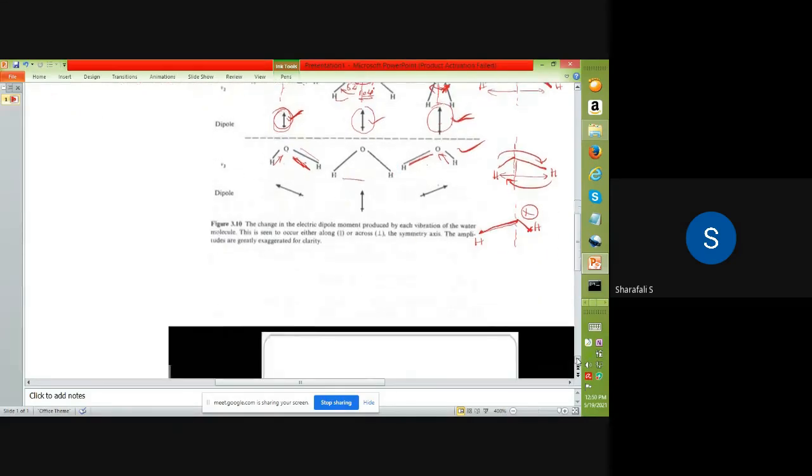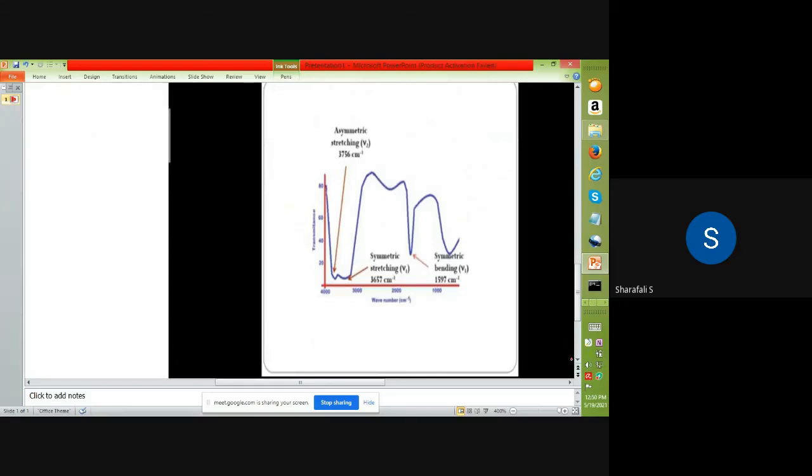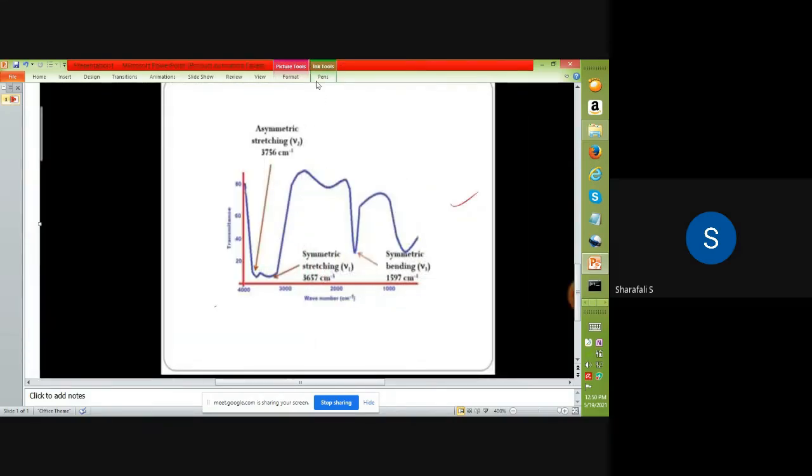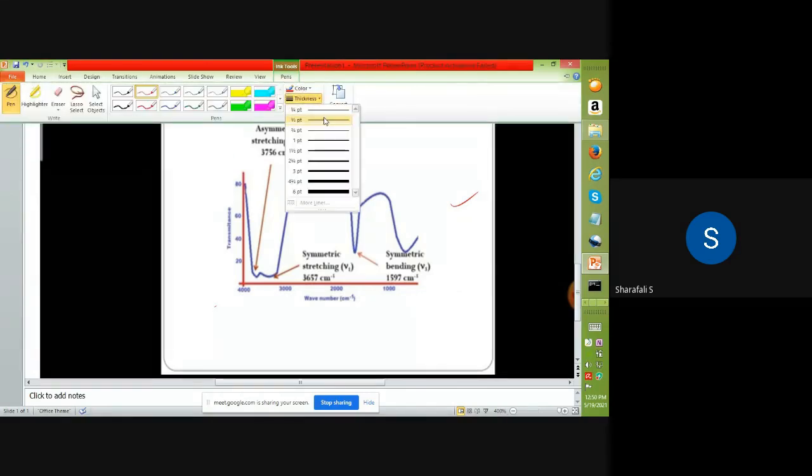Okay. And the exact spectrum that we will get from infrared spectroscopy of the water molecule looks like this. From this, we can see there are absorption peaks at the vibrational frequencies that we discussed.